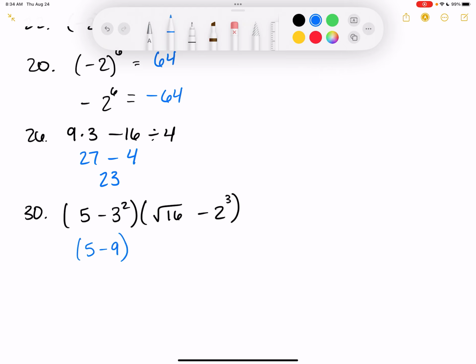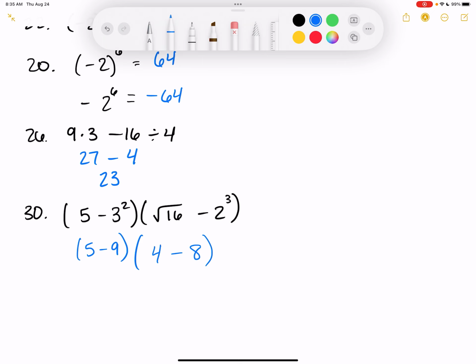You don't necessarily have to show every little step that I'm showing. If you can do it in, say, one step, that's fine. I just like to be as thorough as possible when I'm doing examples for you. And in this other one, the square root of 16 would be 4, and then minus 2 cubed is 8.